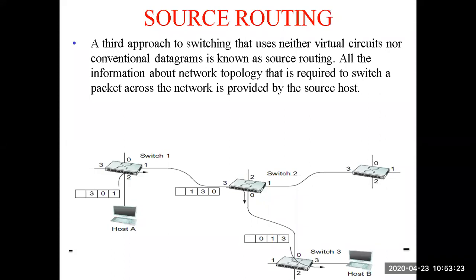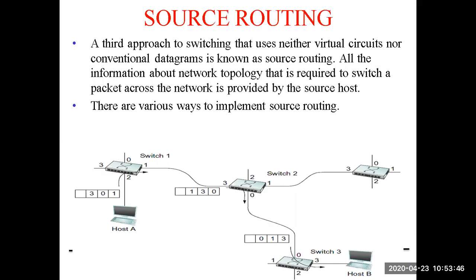All the information regarding the network topology required to switch packets across the network is provided by the source host itself. There are various ways, and we'll discuss all those ways.